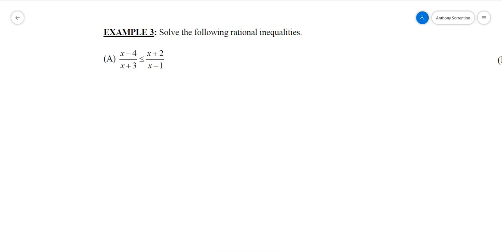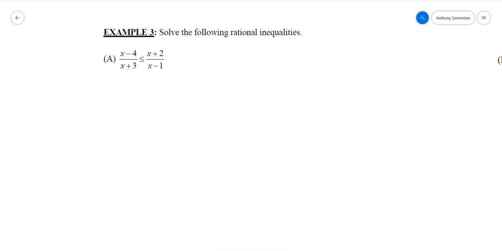I'm going to set up a similar equation first and then eventually get it down to being an inequality. Now, I still want to solve this for 0 because I want to be able to compare positive or negative later.